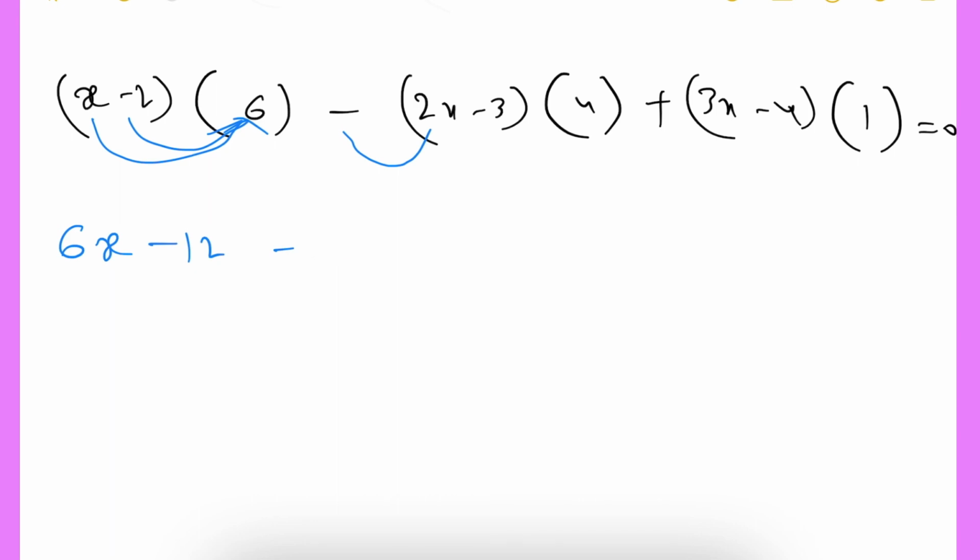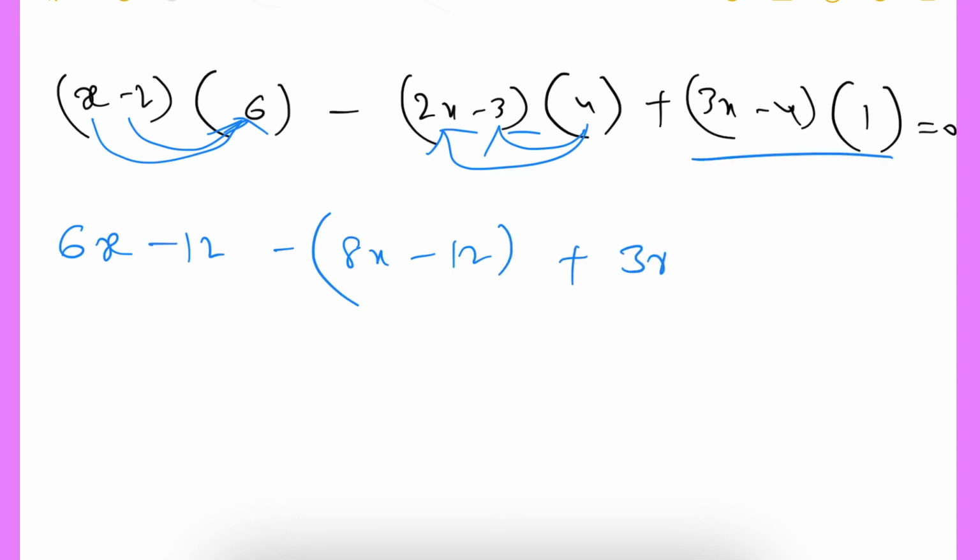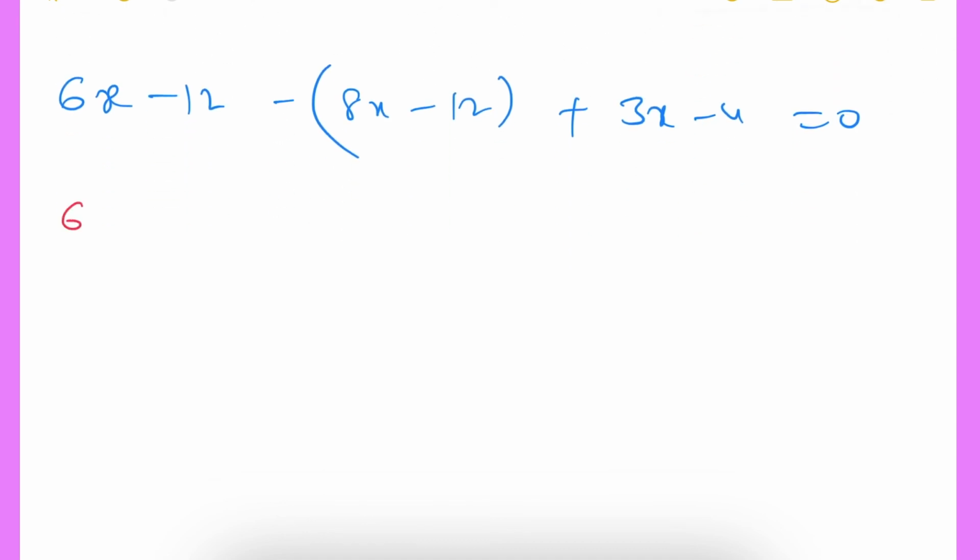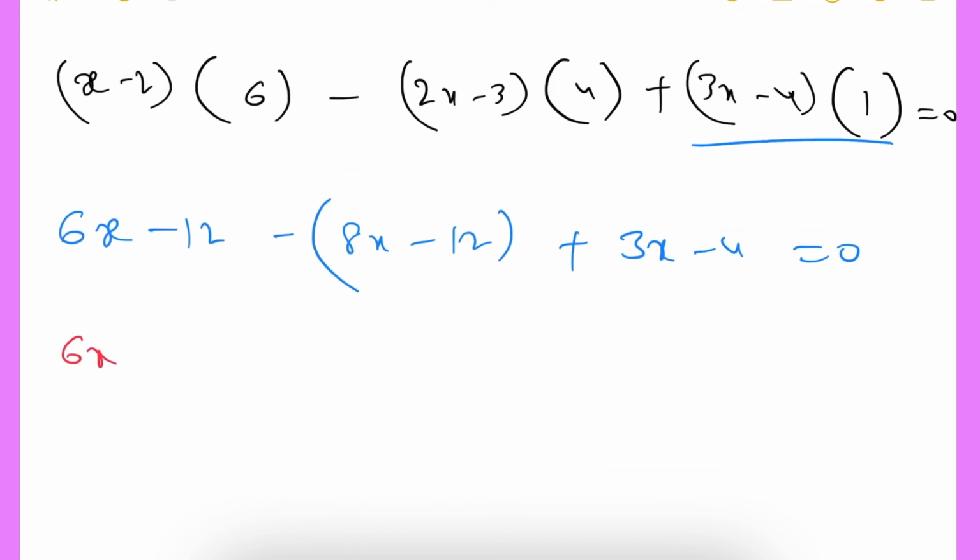From here I will multiply: 4 into 2x, 8x, minus 4 3s are 12, plus 3x minus 4, which equals 0. Now I will remove the brackets completely, so we get 6x minus 12 minus 8x plus 12 plus 3x minus 4 equals 0.